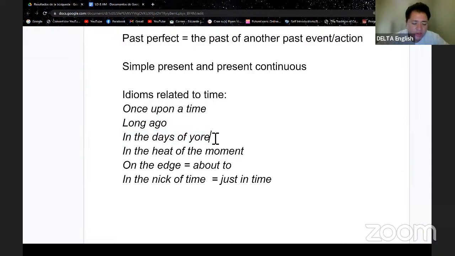The days of yore is used as a narrative idiom too, but it also talks about like los viejos buenos tiempos, right? So when you think about something that happened in the days of yore is because the past days were better. Like they say, en los viejos buenos tiempos, right? That's the meaning of the expression, in the days of yore.